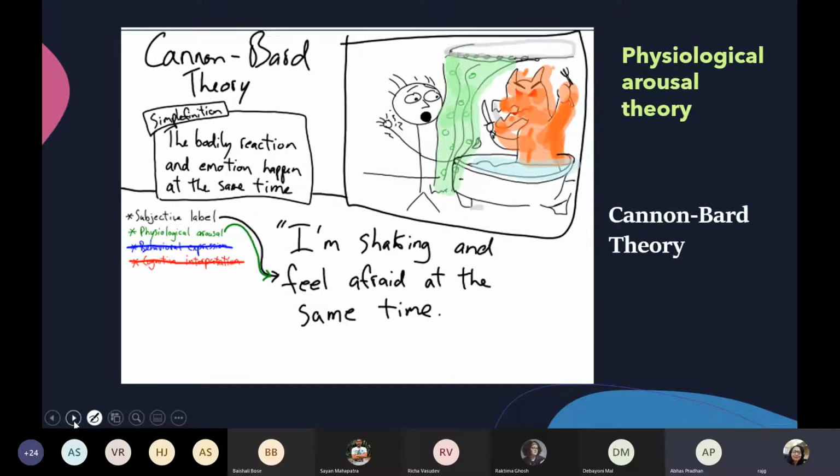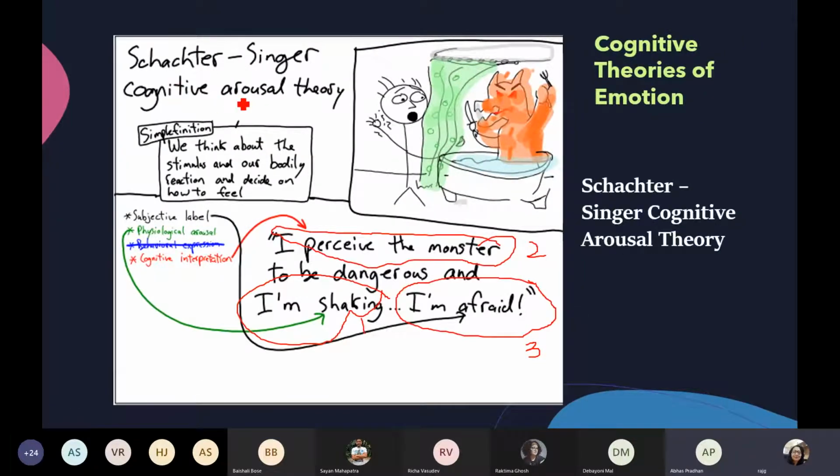But Schachter Singer say that no. This theory says that no. First, increased heartbeat or shaking, you have to see the situation. Why is there an increased heartbeat? Say if there's an increased heartbeat because you are running and you are running because a dog is chasing you, then you will feel afraid.